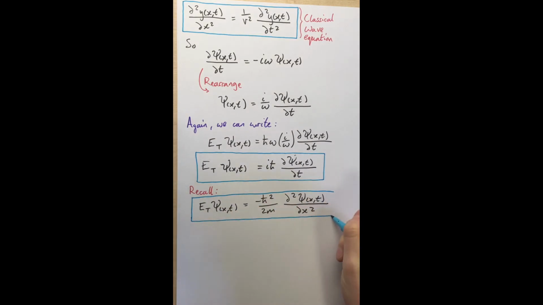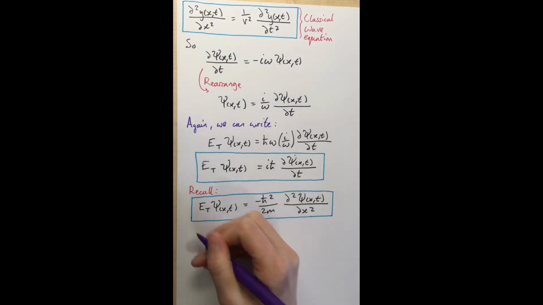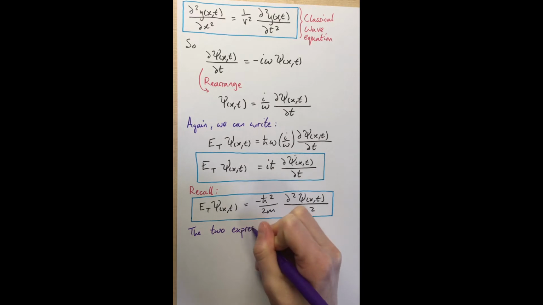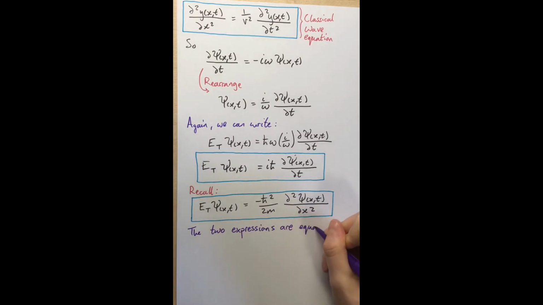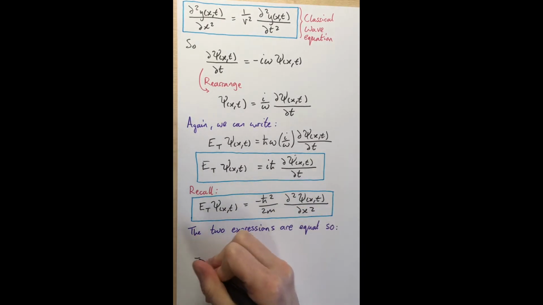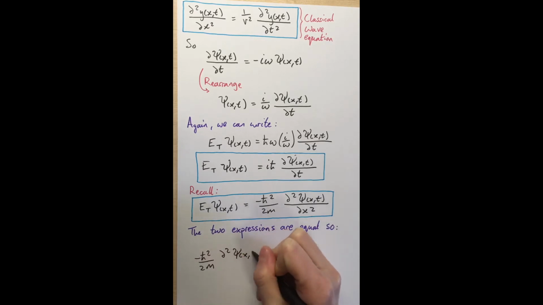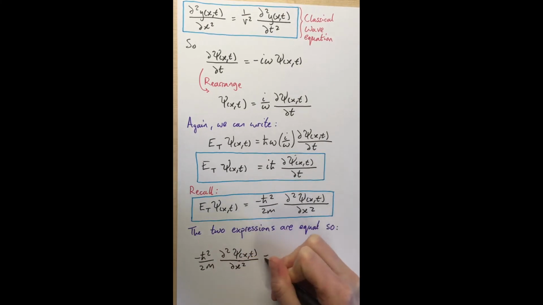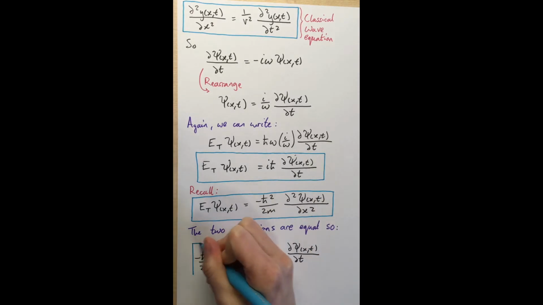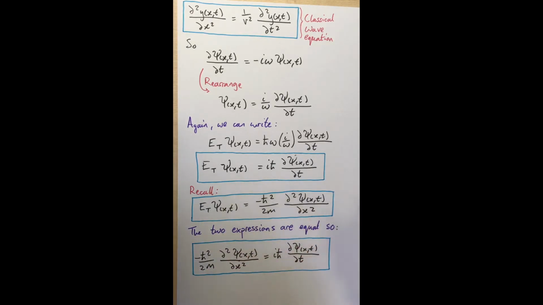We now have two expressions for the total energy times the wave function, which we can set equal to one another, and get the quantum mechanical wave equation for this system. This is the one-dimensional Schrodinger equation for a free particle.